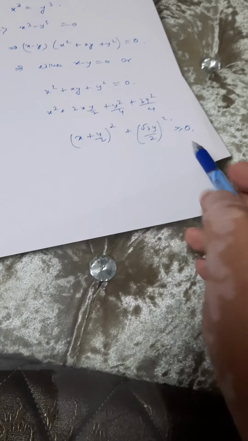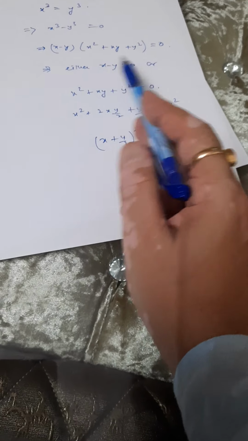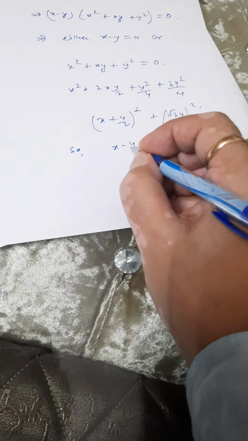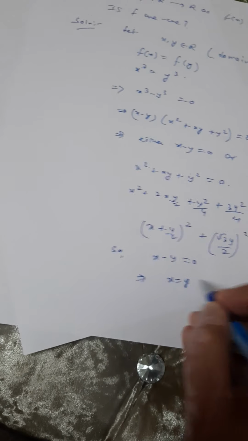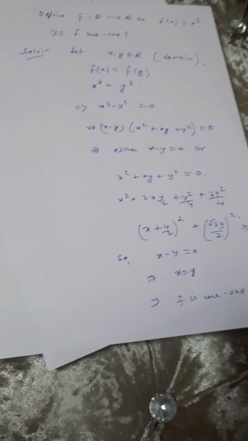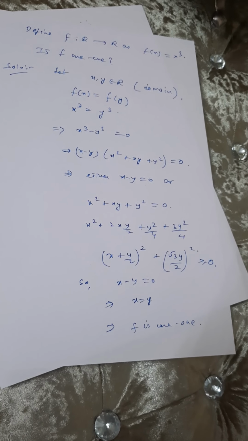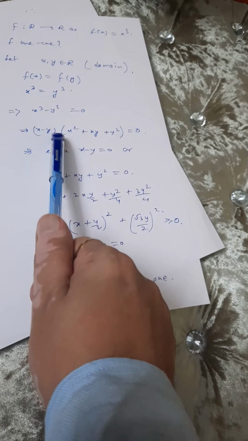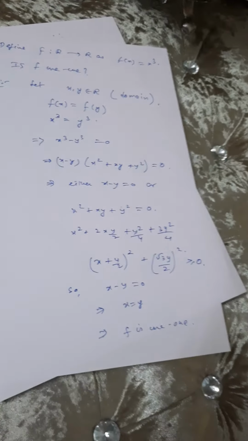So I can't say it always equals 0, it may be greater than 0 also. But here you have x equals y. So you will take the separate case, x minus y equals 0, and so x equals y. So it's 1-1. You have to present your answer exactly this way. Here you have the case that this will be equal to 0 only, and here it's greater than 0 also. So you may now take this case.